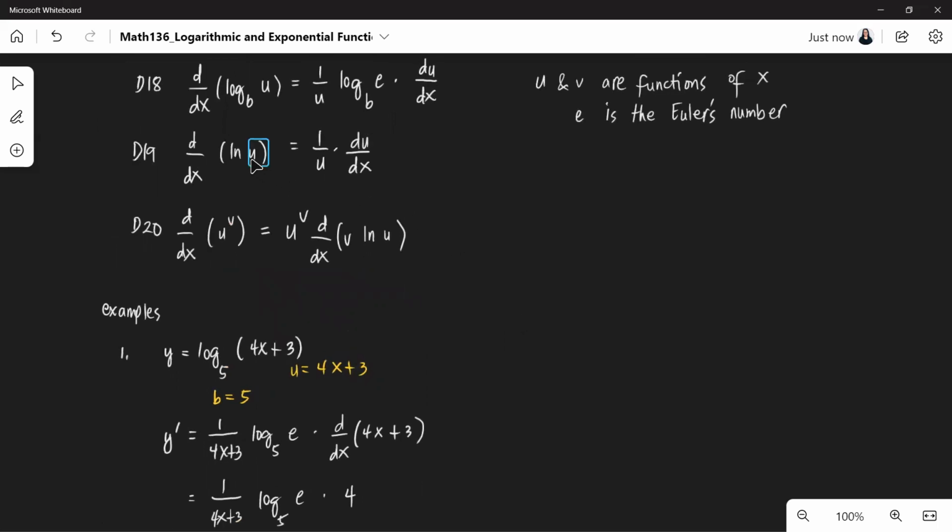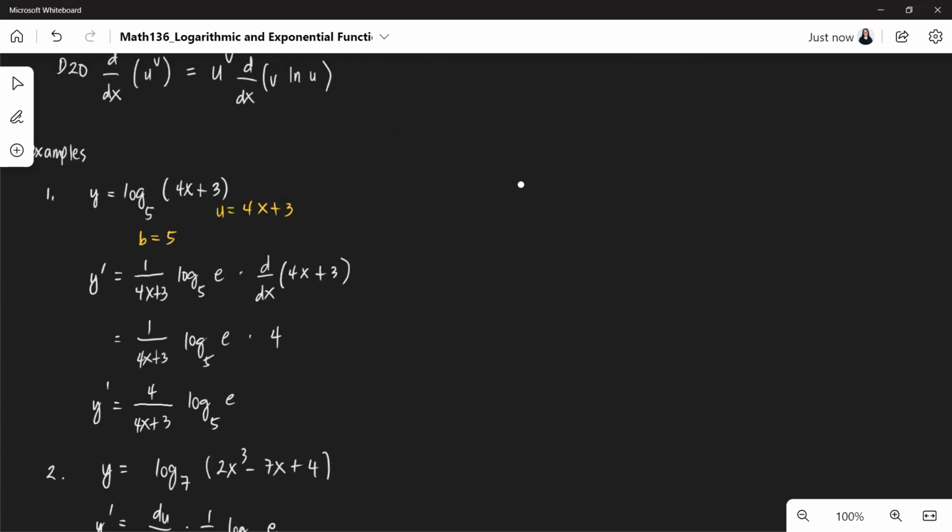Okay, so now if the base is e for natural logarithm, so example number 4, let's apply the power rule here. So natural log of 2x plus 1, and then you are going to raise the 2x plus 1 to a power of 4.